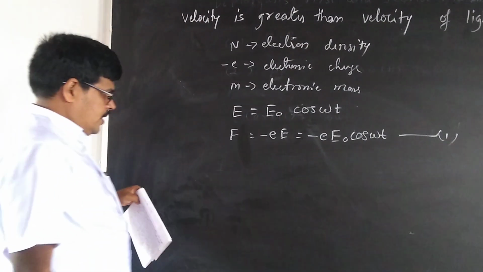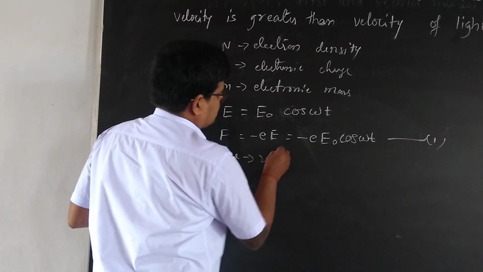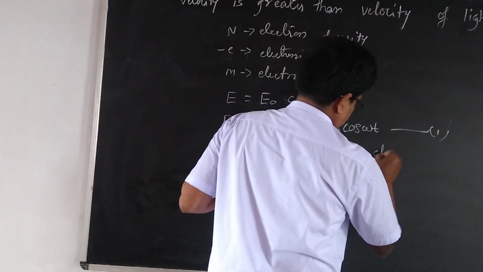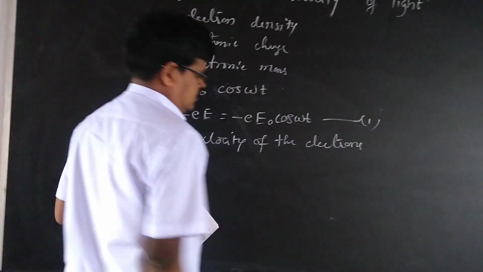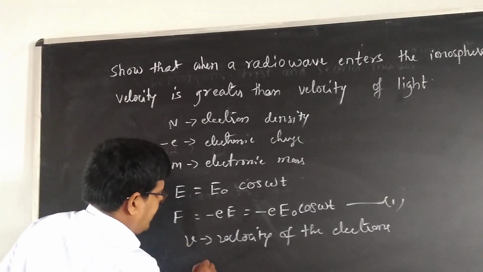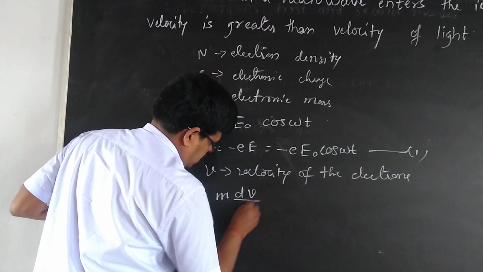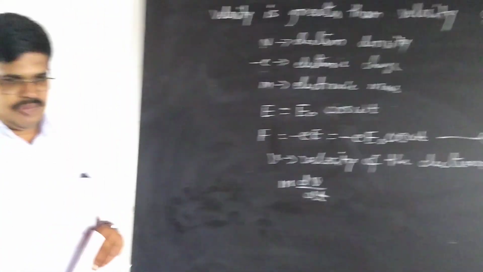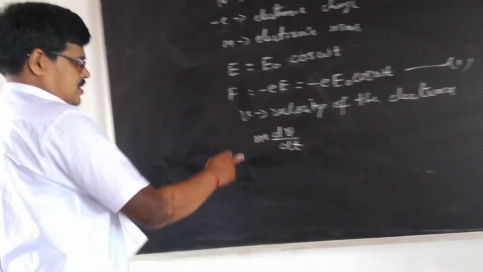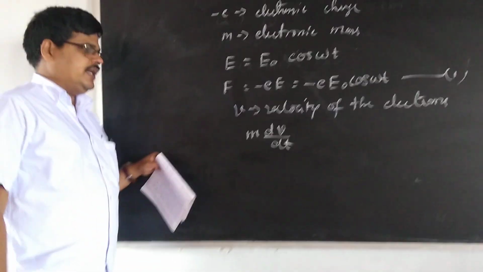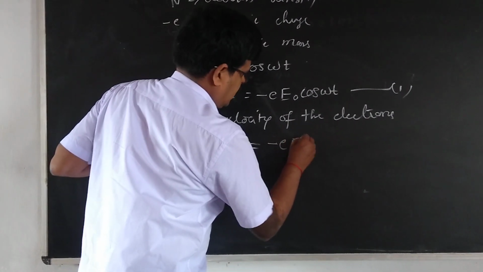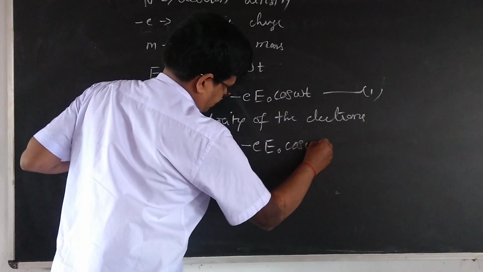And also, if V is the velocity of the electrons, then m into dV upon dt, where m is the electronic mass and dV upon dt stands for acceleration, because it is the rate of change of velocity, is equal to the force. What is the force? It is minus e E naught cos omega t.